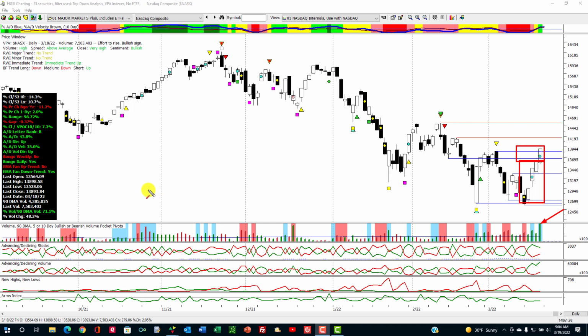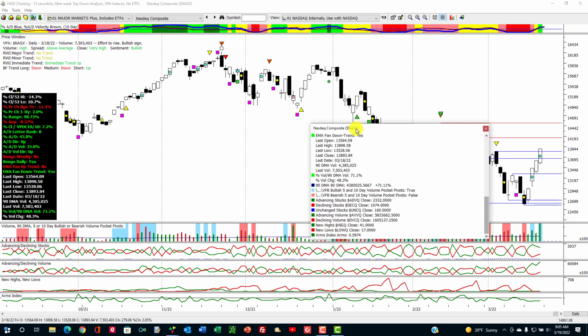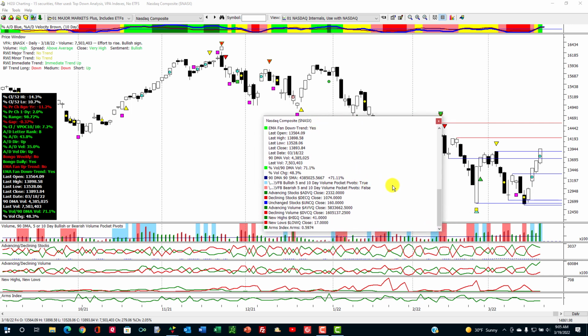Now, let's look at some other information here. I'm going to do an alternate. Click on this and do an alternate eye. Bring this up. I'll scroll down to the bottom and bring my frame back up. You can see that volume was 171% of the 90-day moving average.